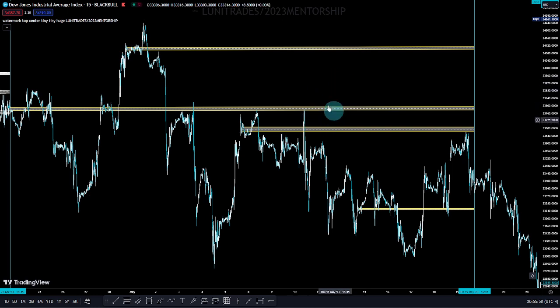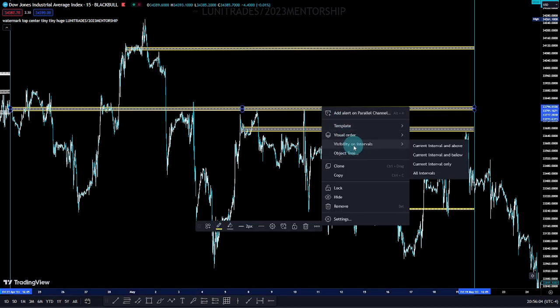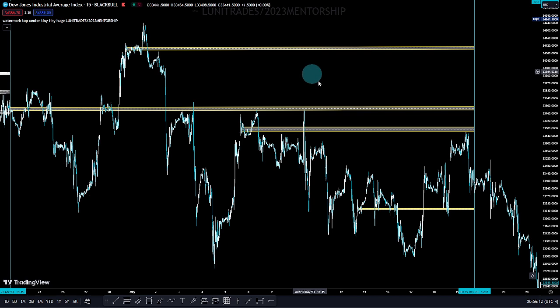You understand? So you want to always take note of that from now on. Have it on your chart. You can use your visibility settings and maybe put it on current interval, so you can only view it when you're on the 15-minute or any time frame you want to view it on. So always leave it on your chart and use that all the time.